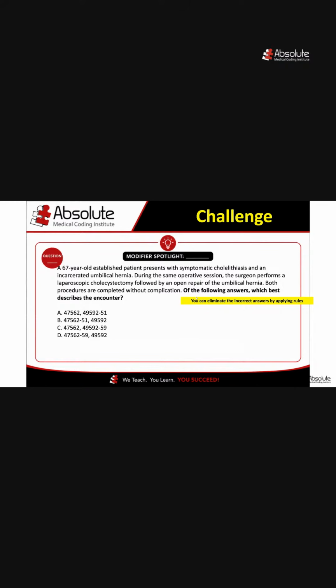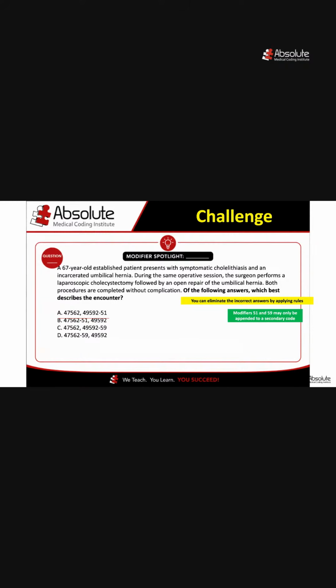All right, so I'm going to work on the answer, and this is what I say to myself. Can you eliminate incorrect answers by applying rules? And if you look at these answers, you can. Remember the rule? Modifier 51 and 59 may only be appended to a secondary code. So if that's true, B is wrong, because a multiple procedures modifier should not be on a primary code.